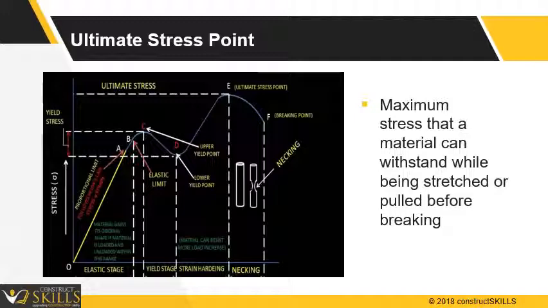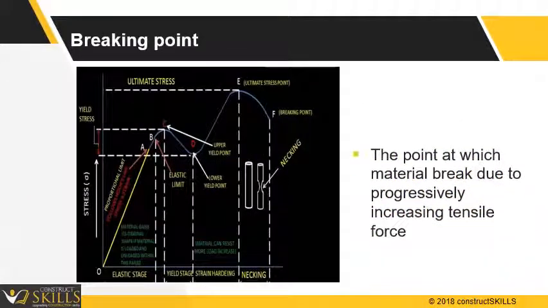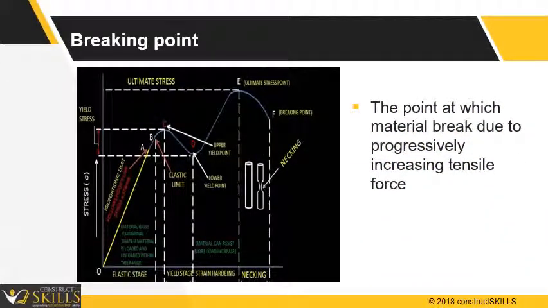Here, we can see that E is the point which is the ultimate reading of the stress. Further increment in loading will break the material. Breaking point is the point at which the material will break. In the diagram, the point F indicates the breaking of the material.